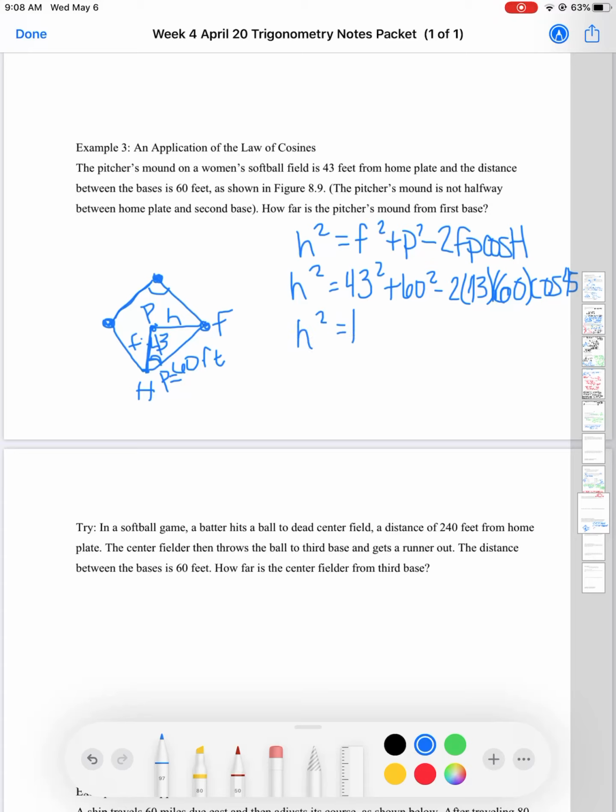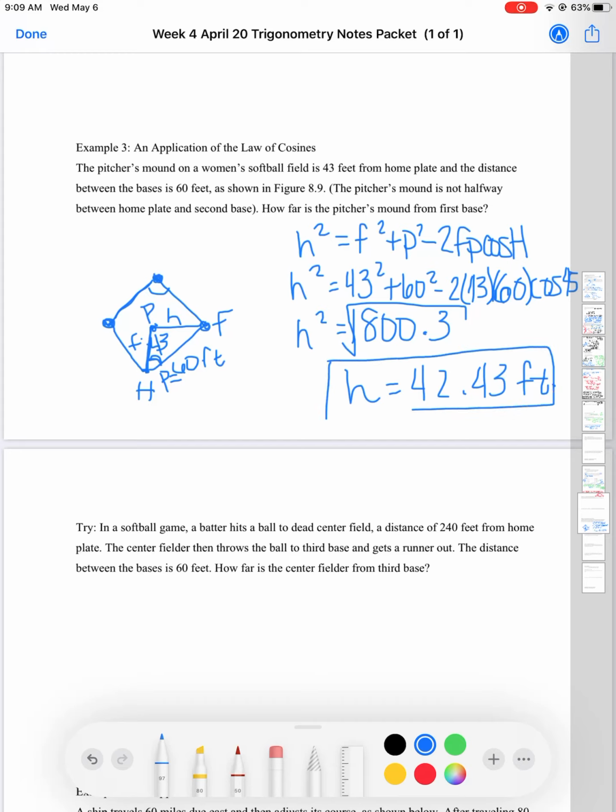So h squared is about 1800.3. We take the square root, and h is about 42.43 feet. So pretty close to the same distance as from the pitcher's mound to home, but not quite.